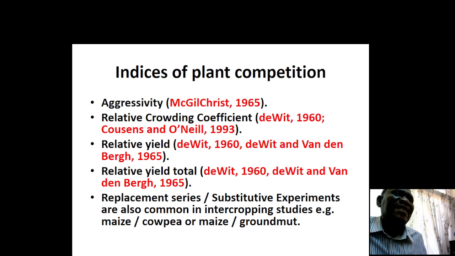This is the alternative name. What I just want to indicate is that replacement series experiments are also commonly used in intercropping studies, where you can intercrop maize and cowpea, maize and groundnut, but it's another matter.